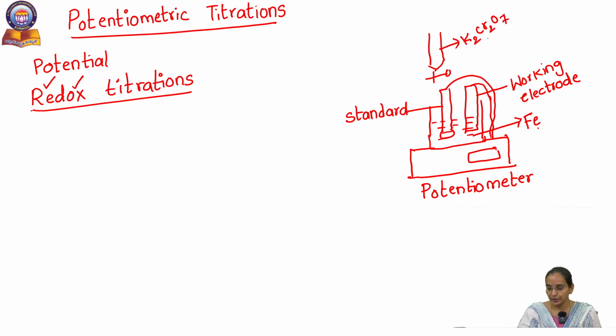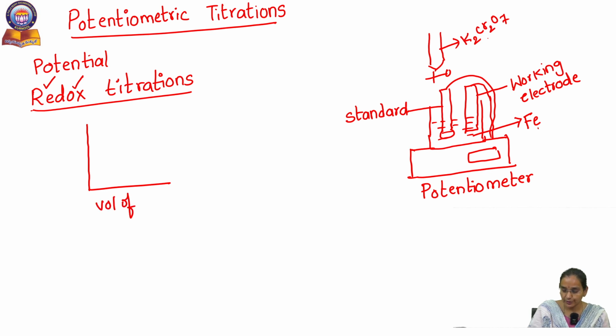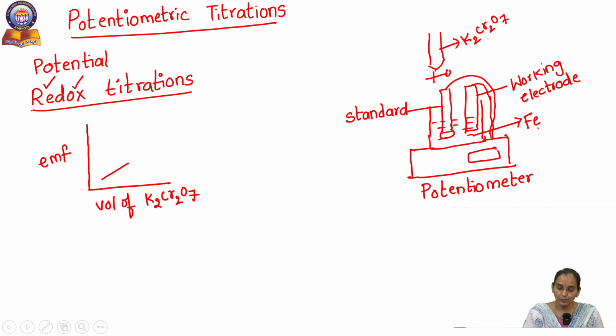So we are going to measure the potential, and after measuring it, we plot a graph between volume of potassium dichromate versus the EMF we measured. Initially the potential rises slowly, and at the neutralization of iron, the potential increases rapidly, and after neutralization it again increases slowly. And how are we going to calculate the endpoint here?